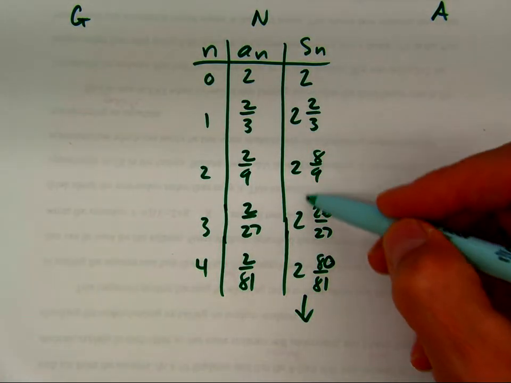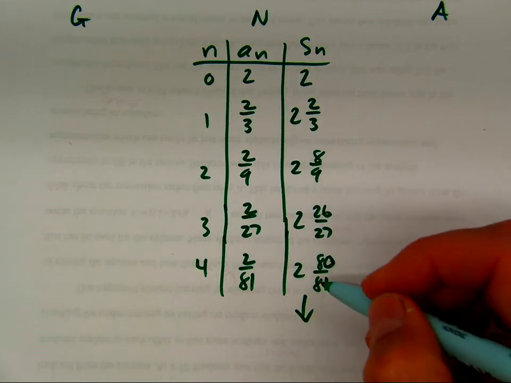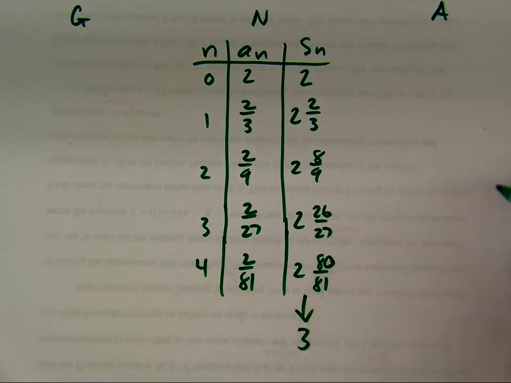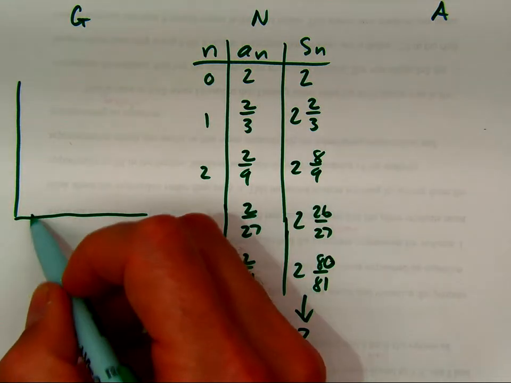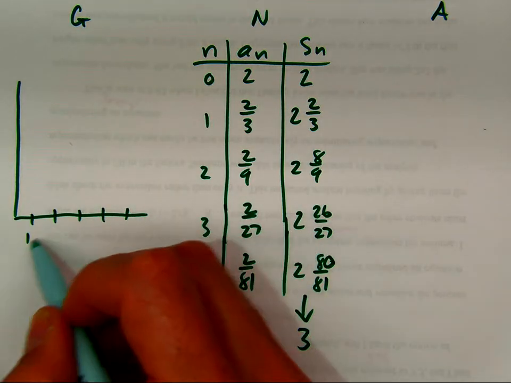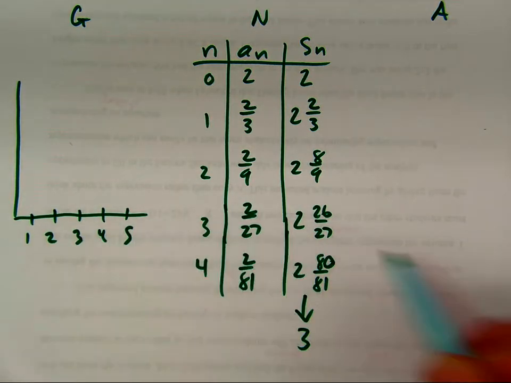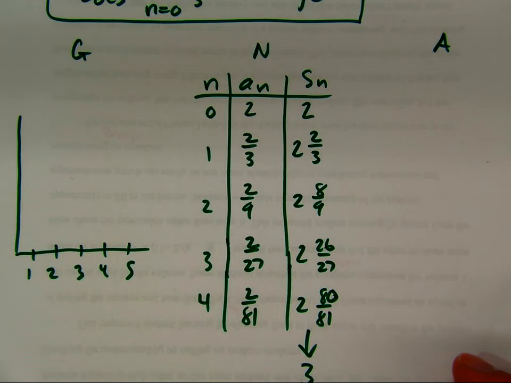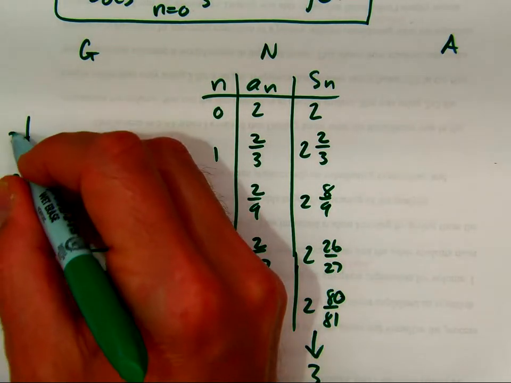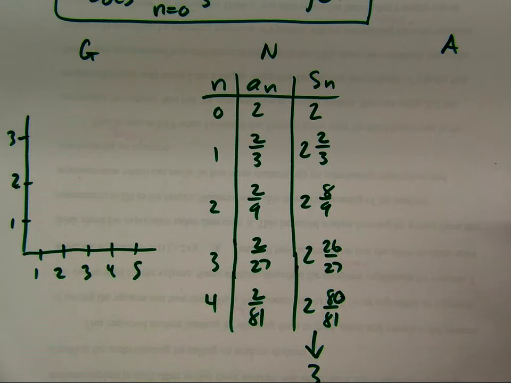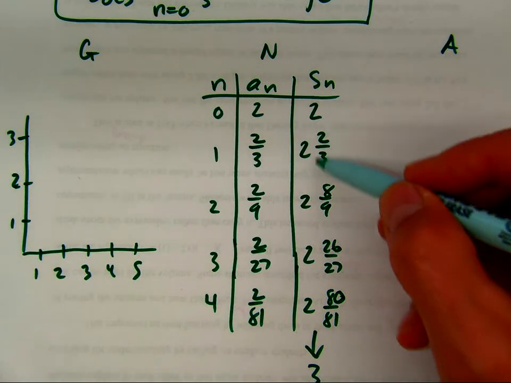This sequence of partial sums is approaching 3. We could see that on a graph. So let's just plot the partial sums.